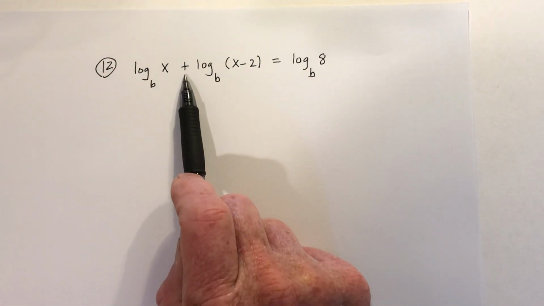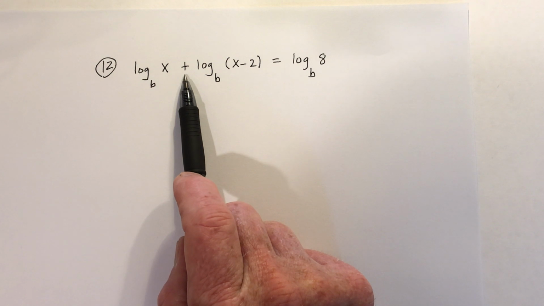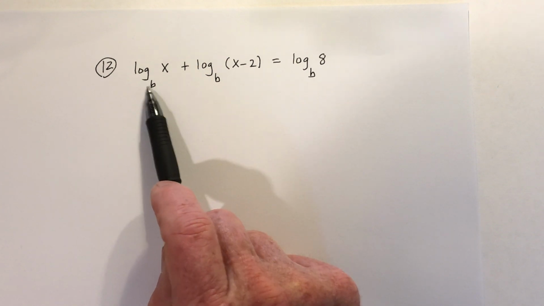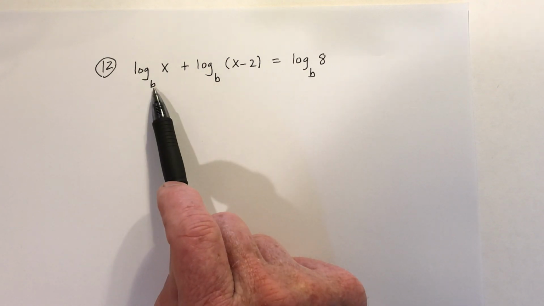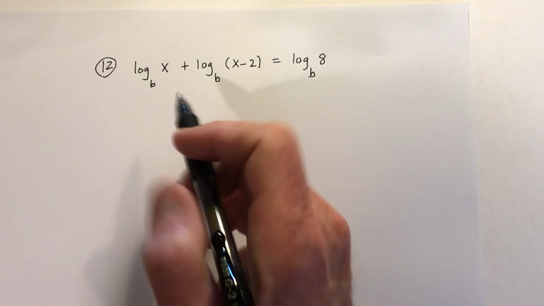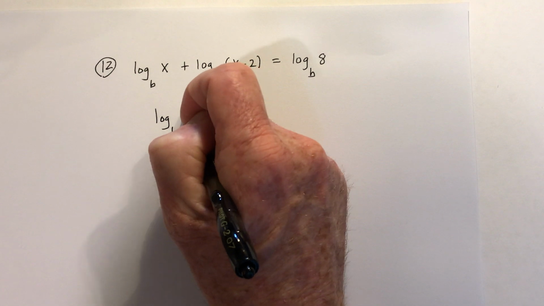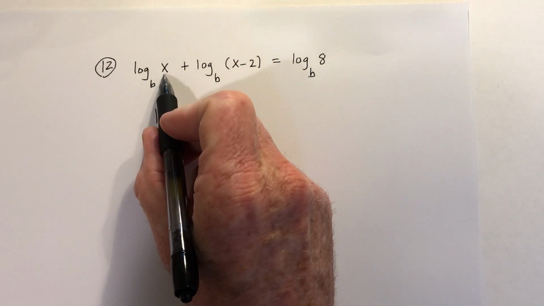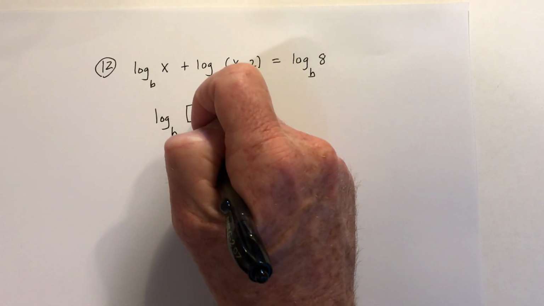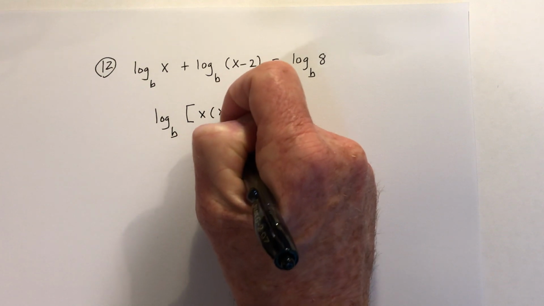What if it's plus? Well, the rule with logarithms, when you have a log base b plus a log base b, when you're adding the logarithms, you can change that into just one single logarithm as long as you multiply the arguments. So you multiply the x with the x minus 2.